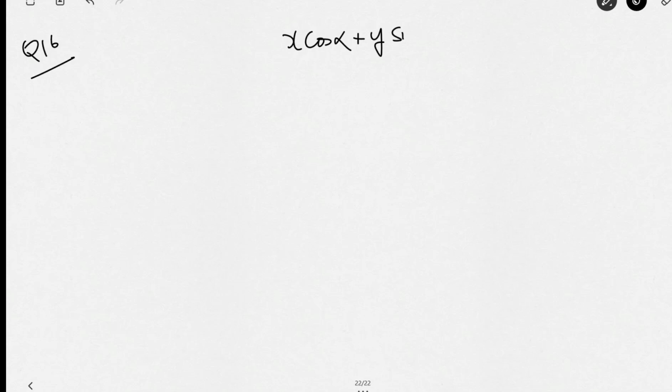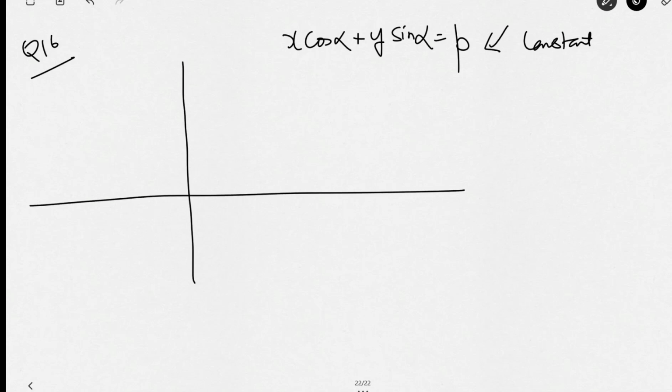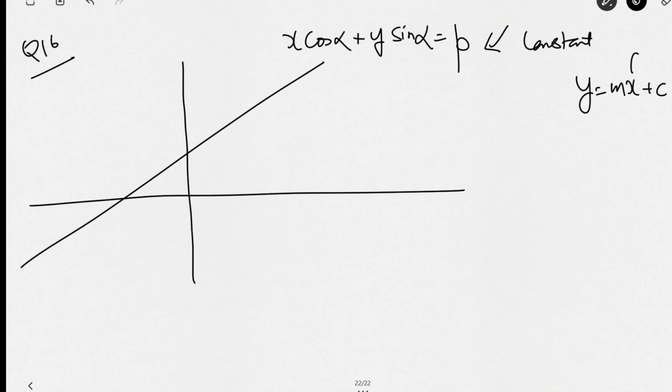Anyway, we are going to start straight line from the next chapter. P is constant. Alright. So we don't know how this looks, but let's assume this is the line: x cos alpha plus y sin alpha is p. Any line can be written in this format.